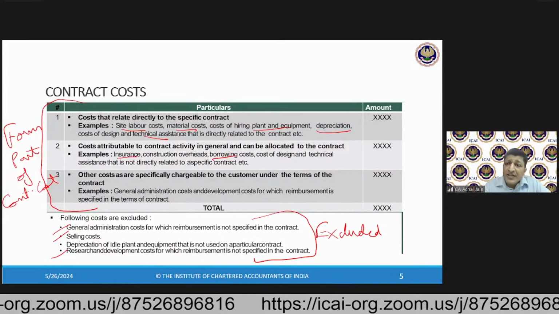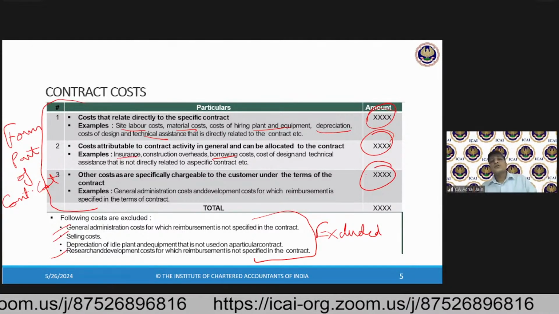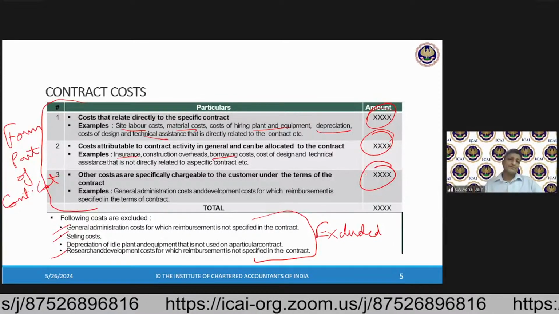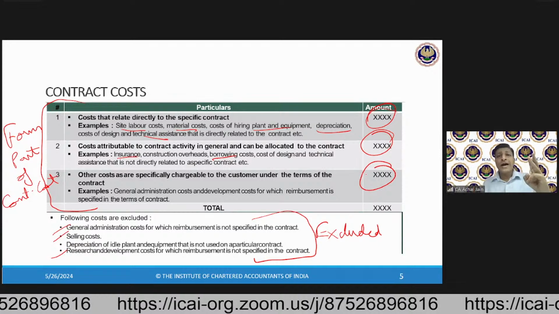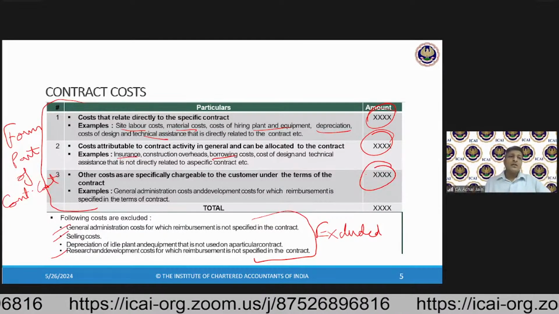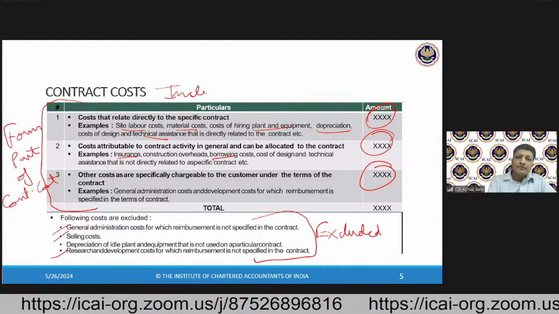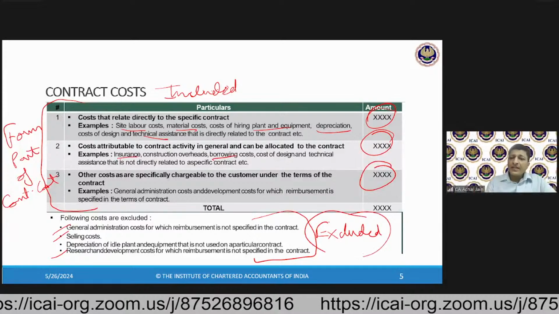So all such types of costs will form part of the construction contract costs. So I would suggest that you just simply go by the two principles: one, costs that will be included, and two, costs that will be excluded.